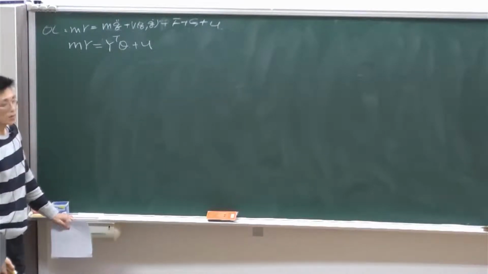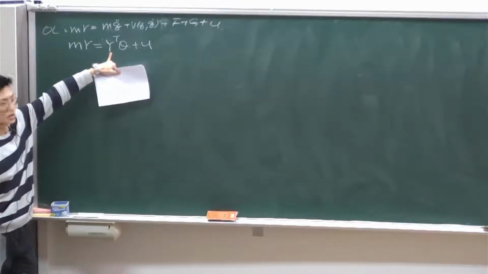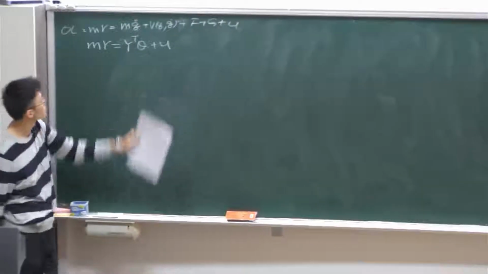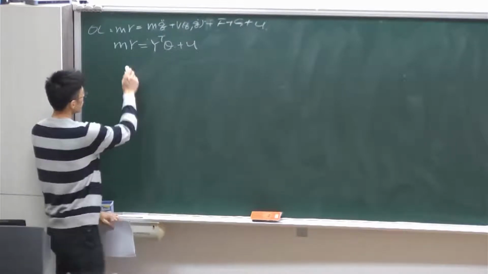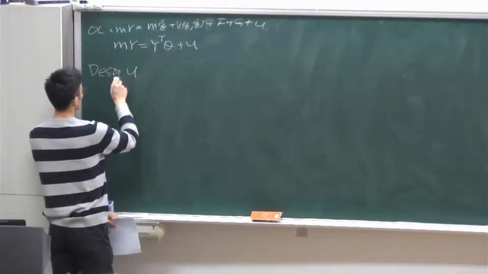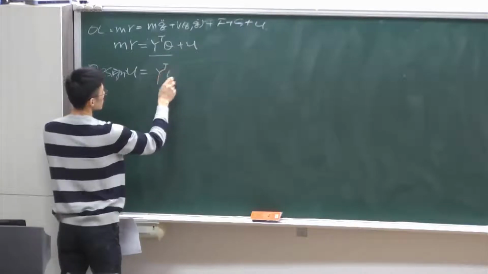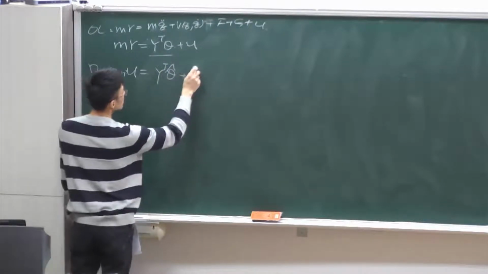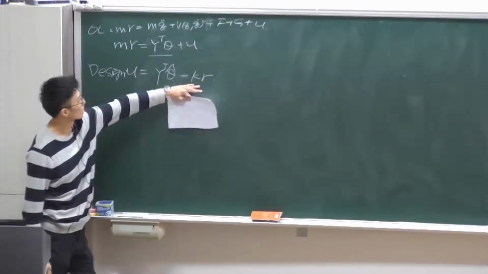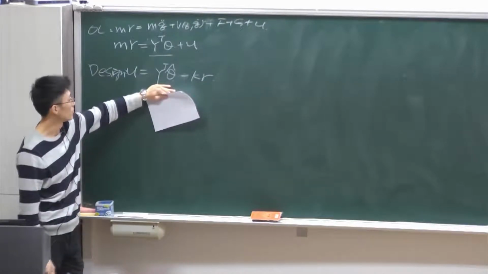We can narrow down this equation into Y transpose theta. Y is the regression matrix, theta is the unknown parameters. Then the control design will be easier. We can design control that is Y transpose theta hat plus or minus KR.